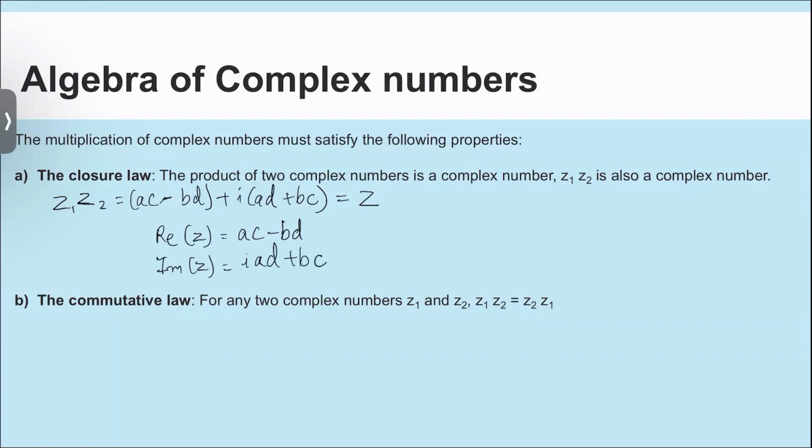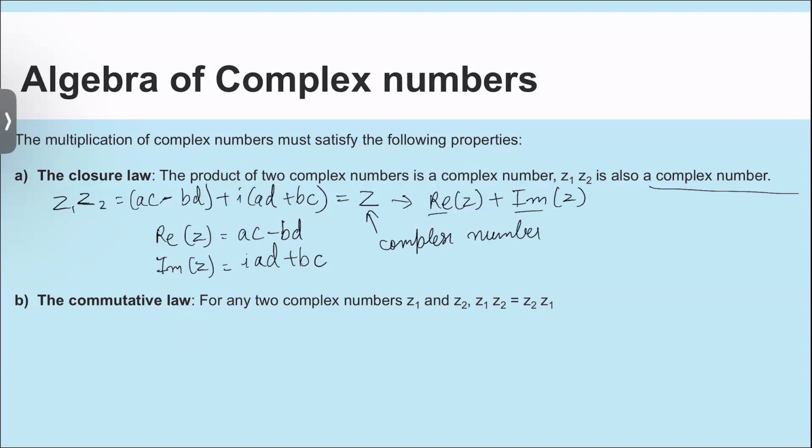Since Z has a real and an imaginary component, Z itself is a complex number. So the product of two complex numbers gives us a complex number. Hence the closure law is satisfied for multiplication of two complex numbers.